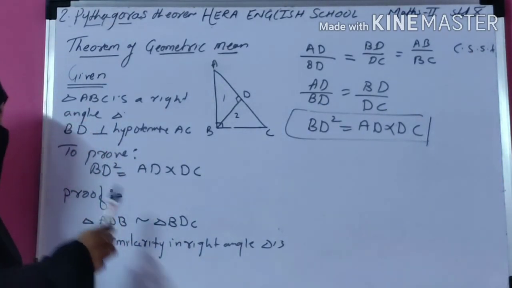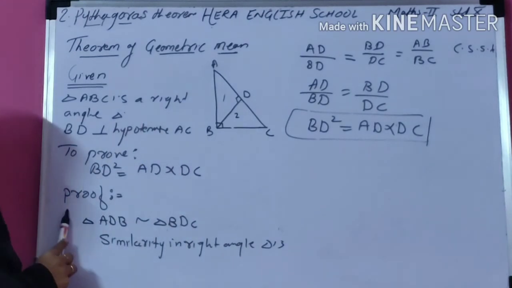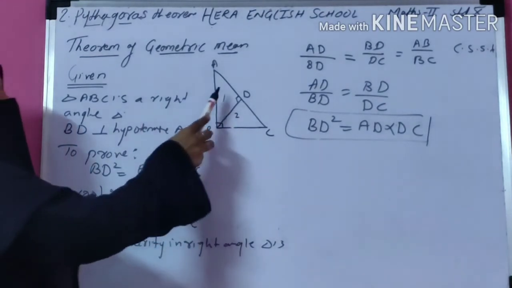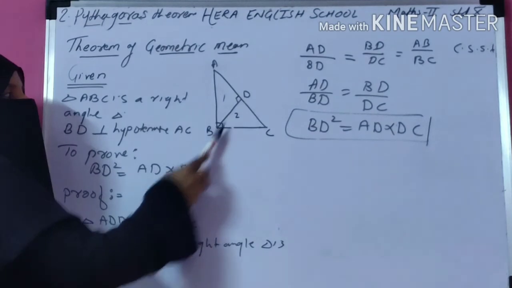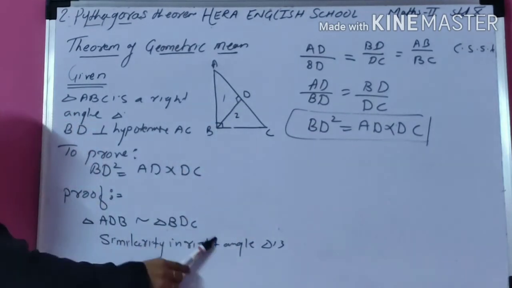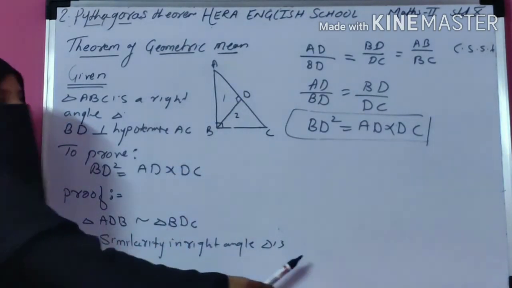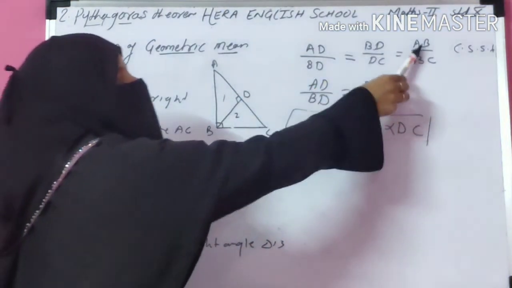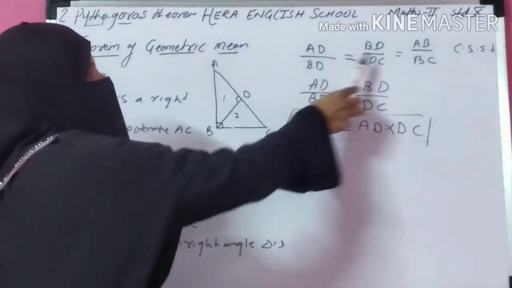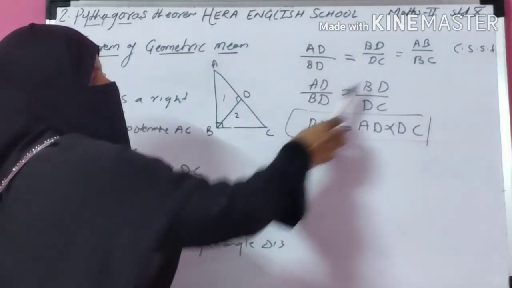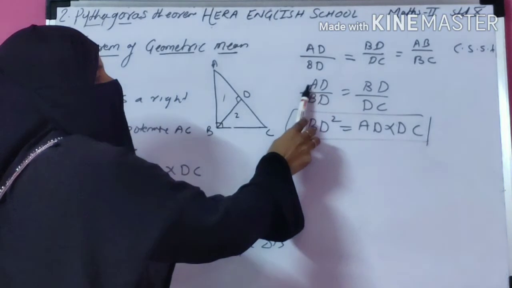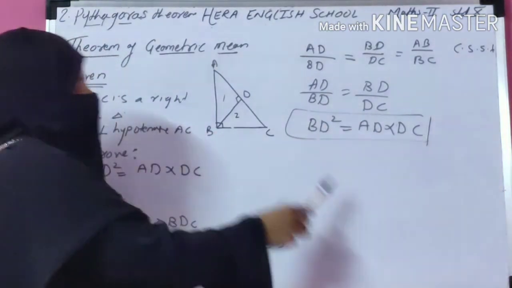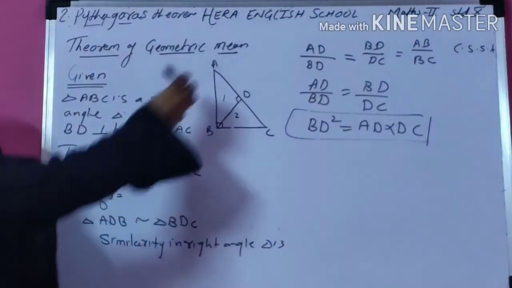So in the proof, first of all, these two triangles formed by this perpendicular are similar by the similarity in a right angle triangle. If these two triangles are similar, then corresponding sides are in proportion. So I have selected these two corresponding sides. So BD multiplied by BD, BD square, is equal to AD into DC. That means the geometric mean divides the hypotenuse.